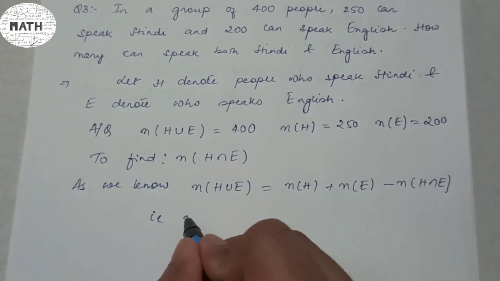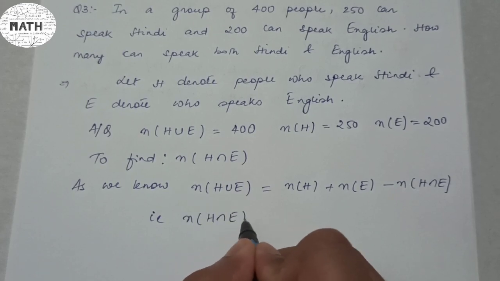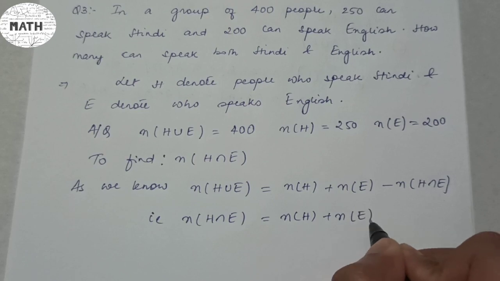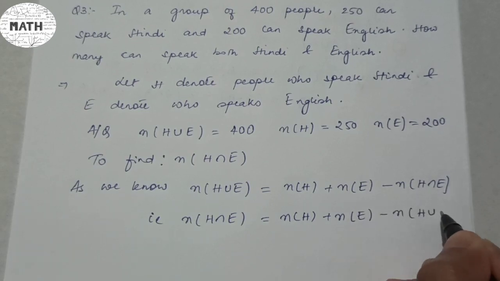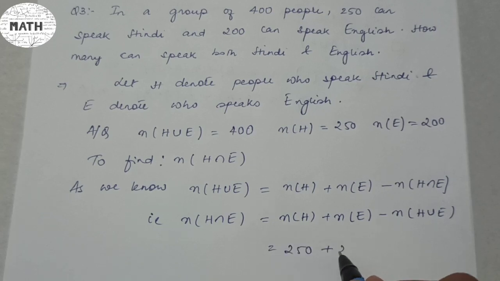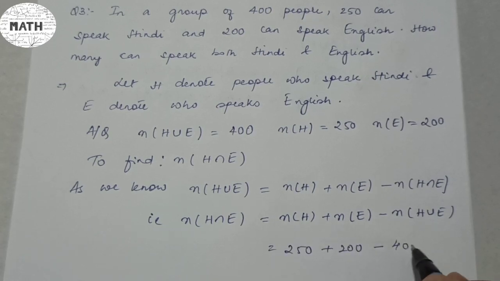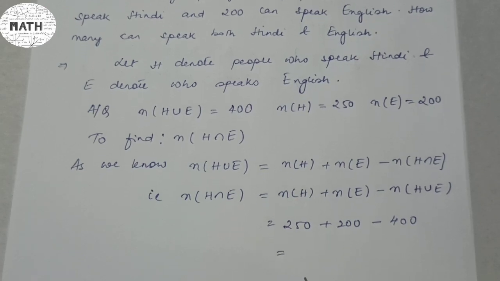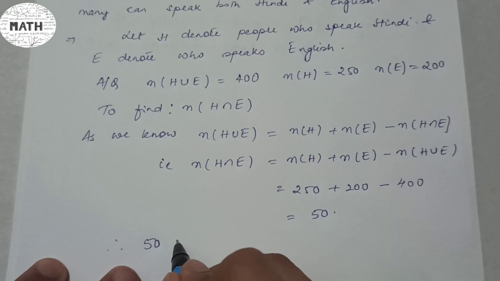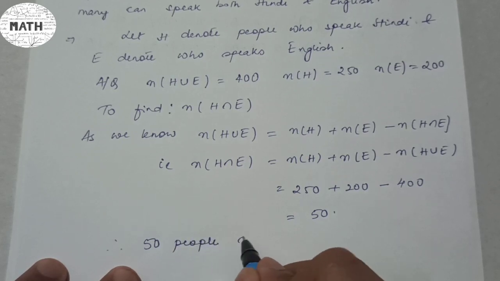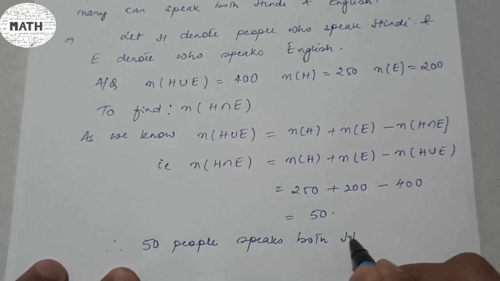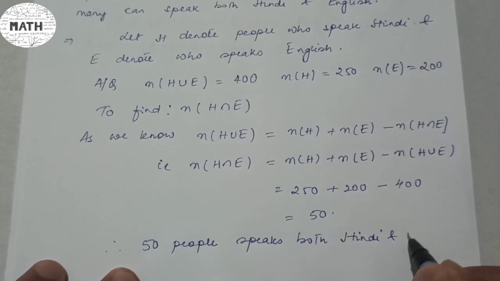So that is n of H intersection E would be n of H plus n of E minus n of H union E. So which is 250 plus 200 minus 400, which would be nothing more than 50. So in short, therefore 50 people speak both Hindi and English.